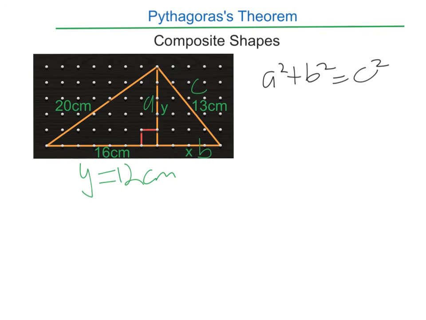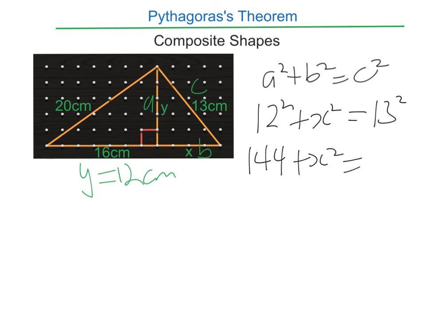Now in my equation here, A is worth 12, B I don't know, but it's going to be the x, and C is 13. So A squared is 12 squared, B is x, so B squared is x squared, and C is 13, so C squared is 13 squared. 12 squared is 144, 13 squared is 169.